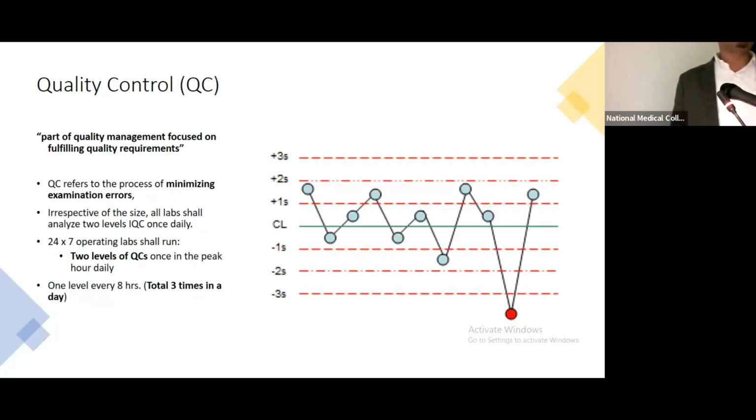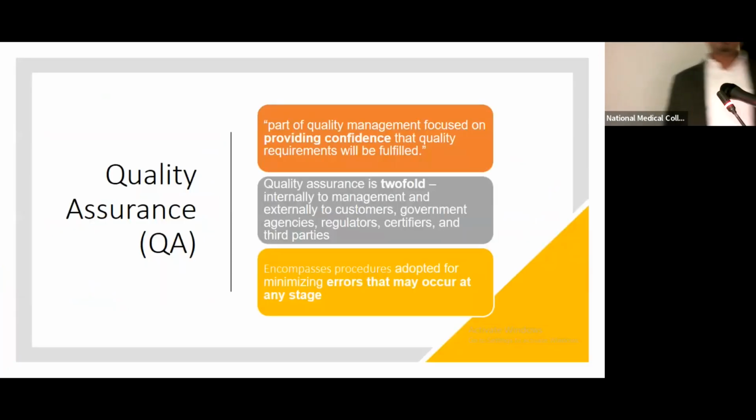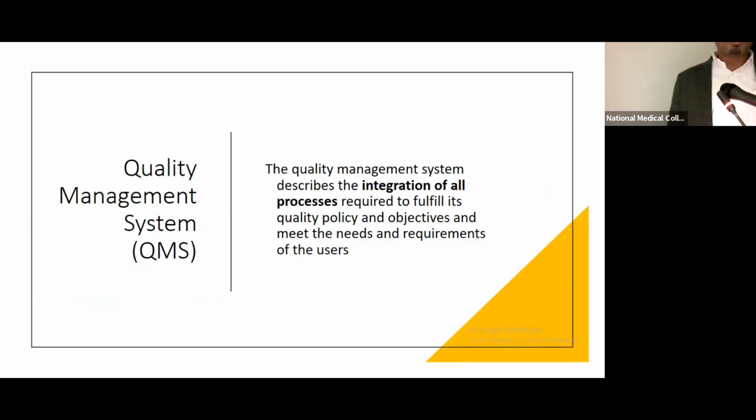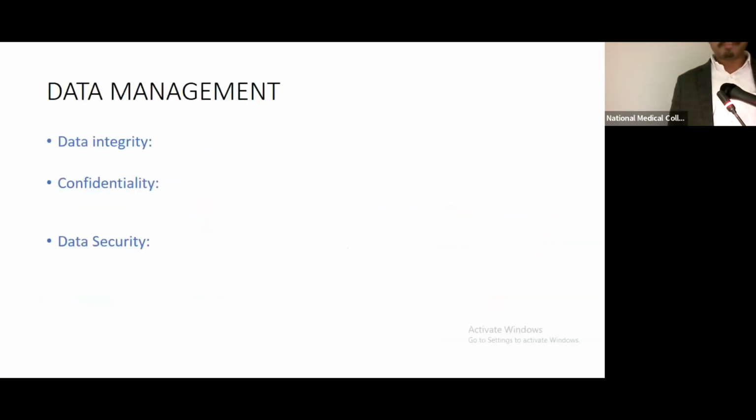If I'm doing testing for glucose, one should have a control value of roughly around 50 to 60 or 80, and then a pathological control of 300, 400. So all this we have to check, whether the assay is performing correctly at both levels. So quality assurance, I've already told, is a twofold check, and quality management is the entire process, integrating whatever process is followed in the lab.